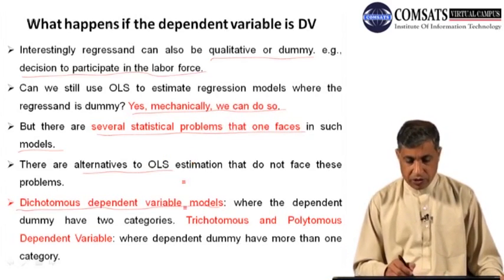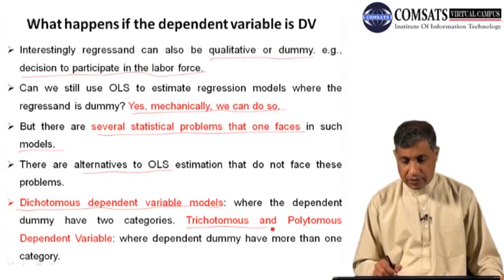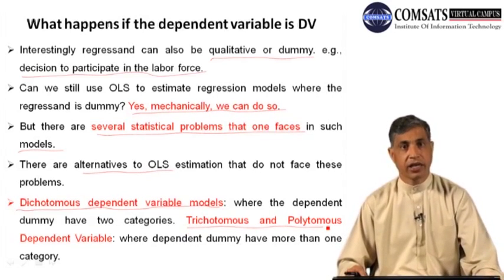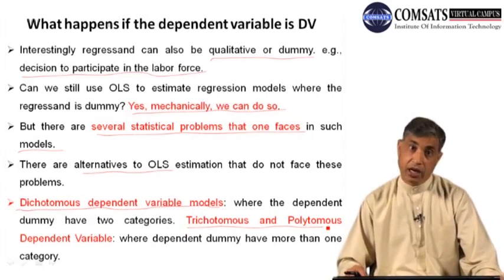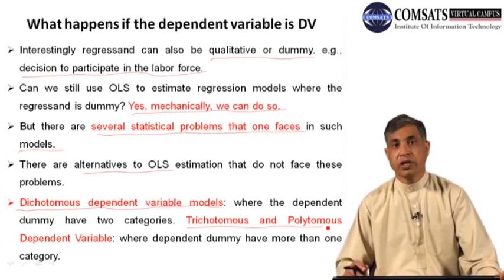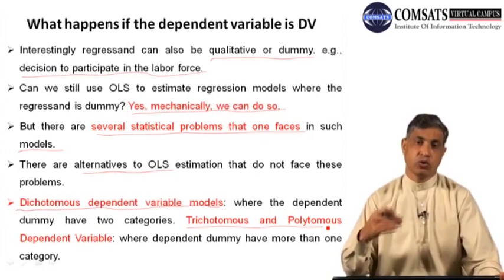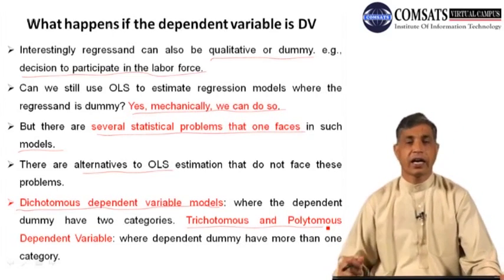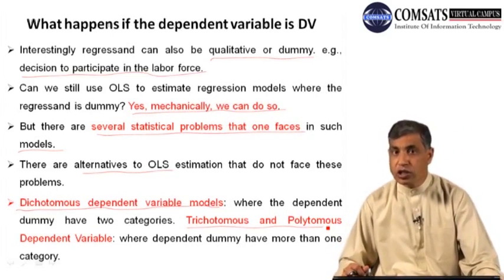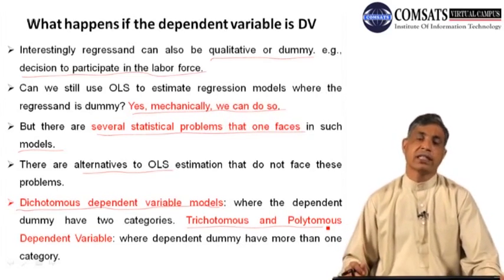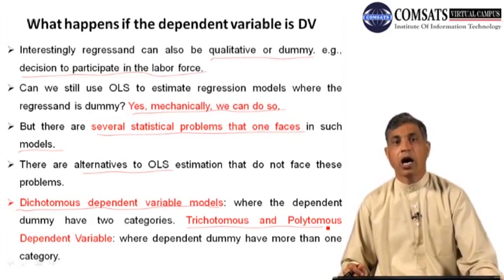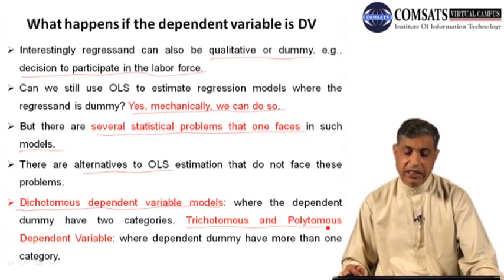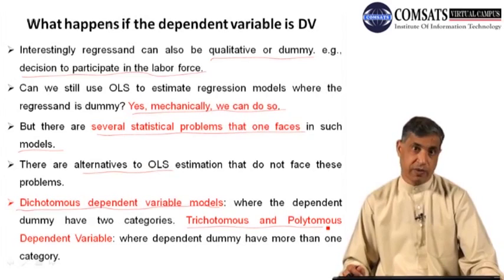Trichotomous and polychotomous variables are some other cases. Trichotomous means there are three categories rather than two. For example, if I ask whether you are going by cycle, motorcycle or car, there are three options. Similarly, we can say strong, very strong or poor. In this case there are three categories, and these are called the trichotomous variable.